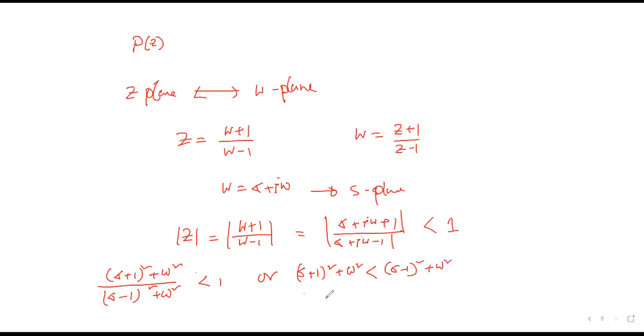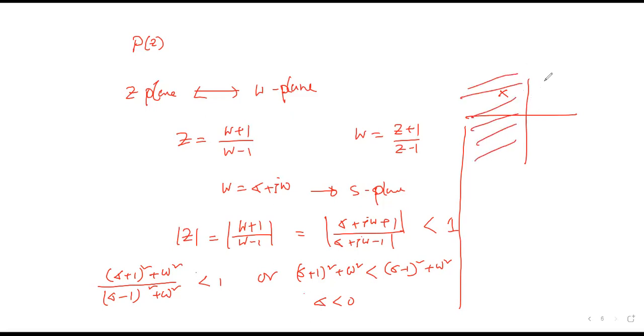Now, if you simplify a bit, we are eventually going to say that the sigma value has to be lesser than 0, which is similar to the s plane, but they are not exactly the same. For the pole location in the s plane, we can say that the system is stable or not, but this is not true here, even though it says that the poles for a stable system have to be on the left side in the w plane as well.